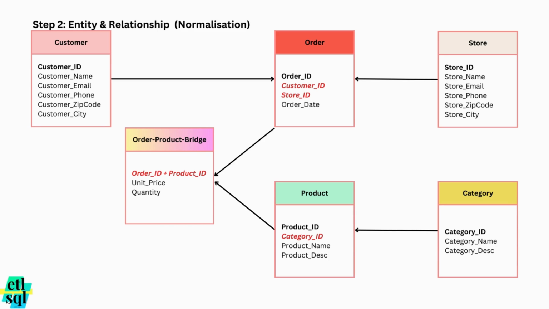And bridge table will source ID from both the participating tables and will use it as a key. So for order product bridge table, order ID and product ID combination will become the primary key. And the attributes of that relationship are added in the bridge table.